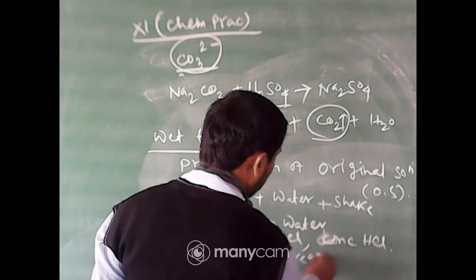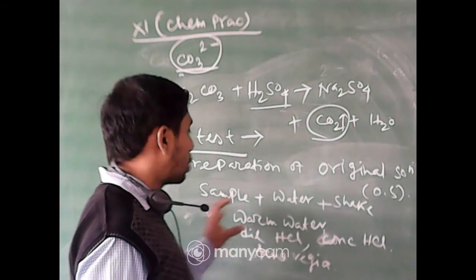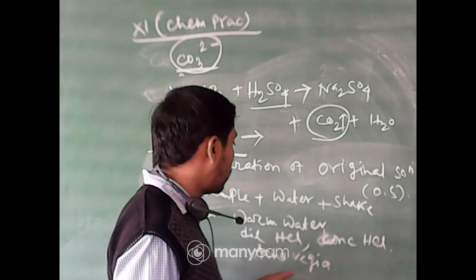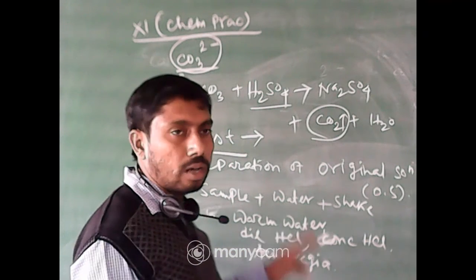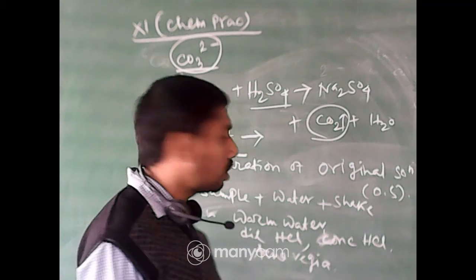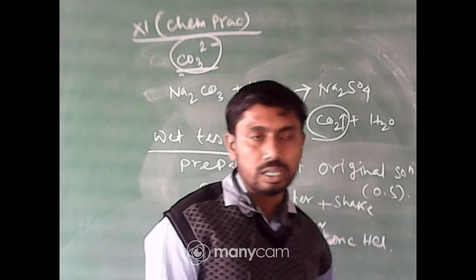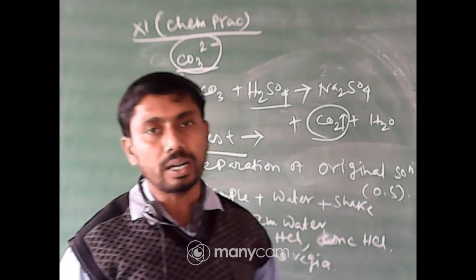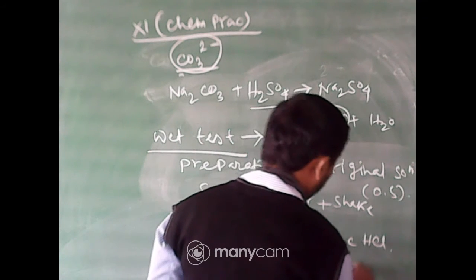So these are the list of solvents used: water, warm water, dilute HCl in cold and hot condition, concentrated HCl in the cold condition, then aqua regia. And if any sample is insoluble after aqua regia, then it is treated as insoluble.